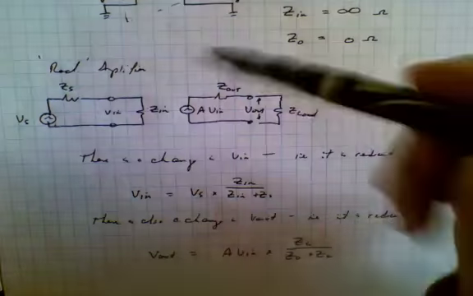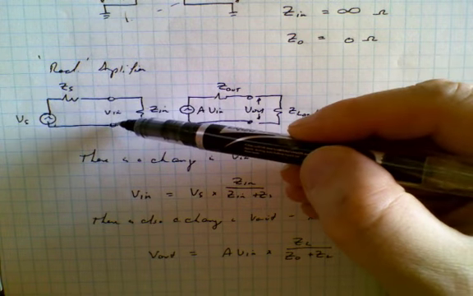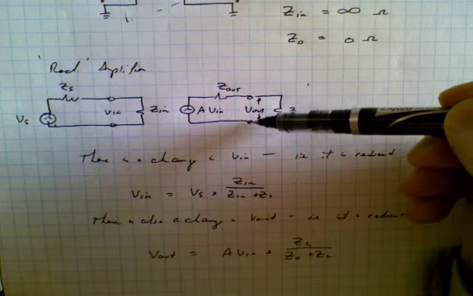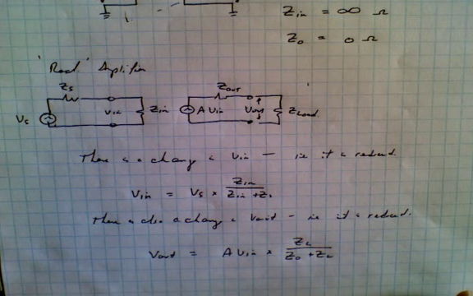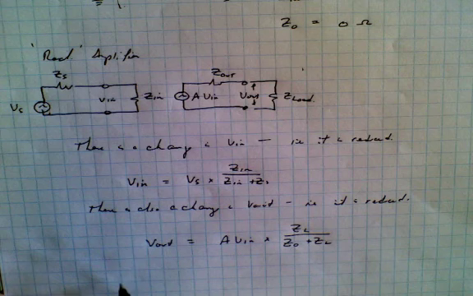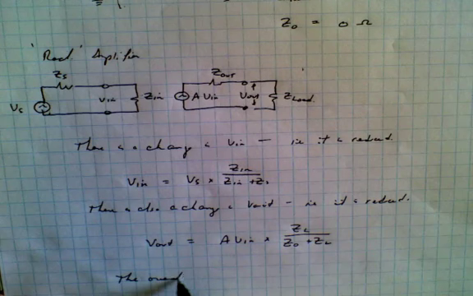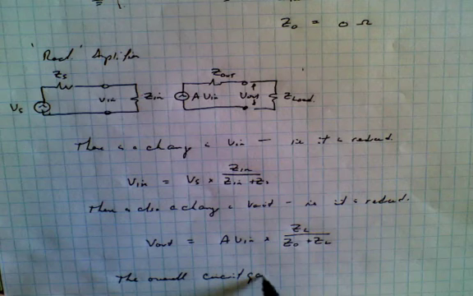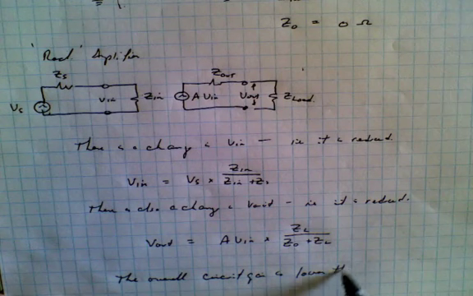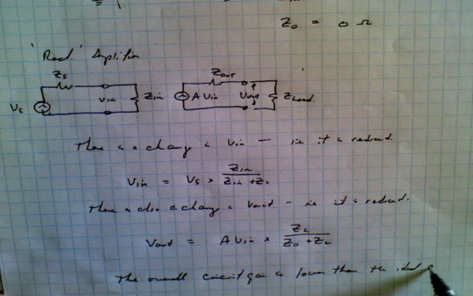Now, because the input has been reduced and the output has been reduced, notice what else has happened. The overall circuit gain is lower than the ideal amp.